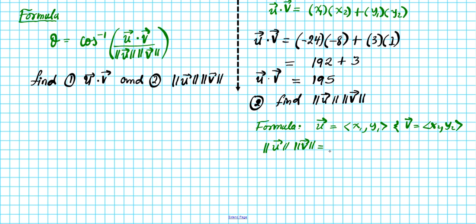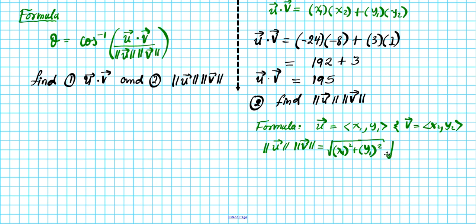So the magnitude of vector u is simply the square root of the sum of the squares of the x and y components. So it's going to be the square root of x1 squared plus y1 squared. Okay, so this will give me the magnitude of u.